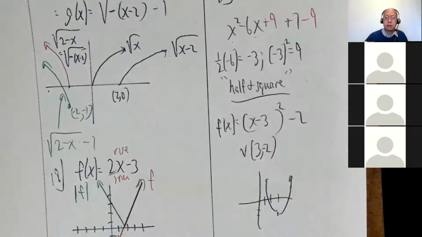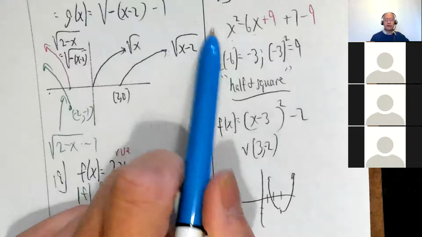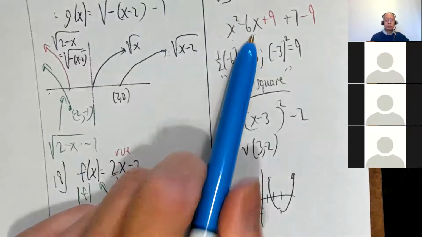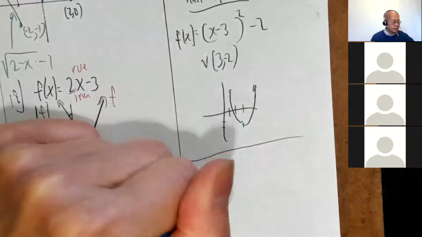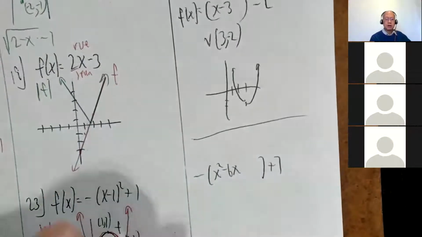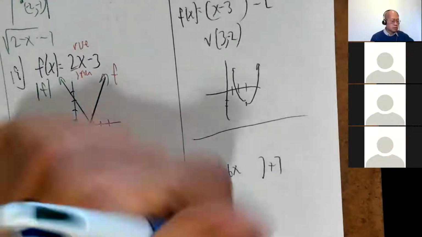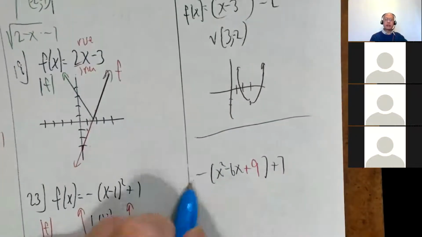Okay, thank you. And then is there ever any possibility that you would add 9 and add 9, or subtract 9 and subtract? Add 9 and add 9. That would be the case if we have a negative in front of the whole thing. So this is not an actual problem, but if we had negative x squared minus 6x plus 7, by completing the square, plus 9, but when I put plus 9, it's really a subtraction of 9.